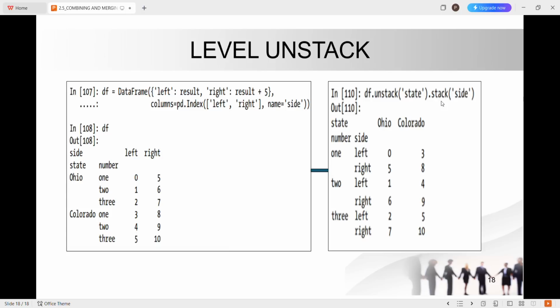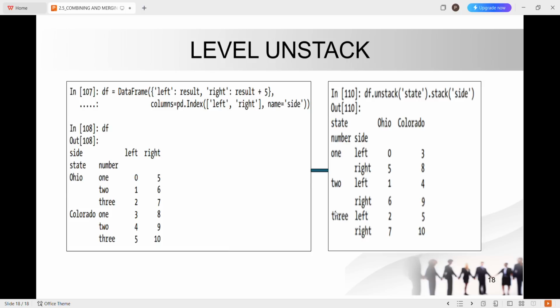Then what are they going to do? You are going to stack the side. So what is there in the side? This side is going to be stacked. Stack means columns to rows. So whichever left and right exist as two columns are going to become rows for each of the numbers 1, 2 and 3.